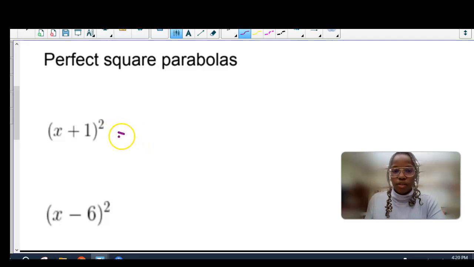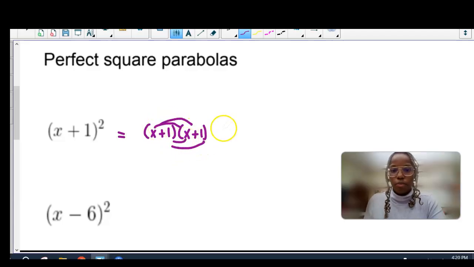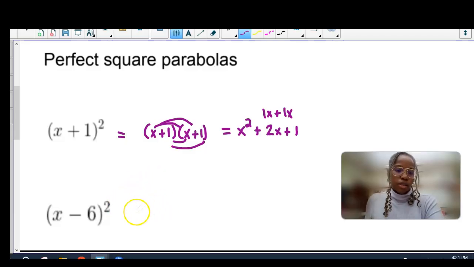So we just did this on the other one, where you're being multiplied twice. So it's like a perfect square. Like if this was a square, it's length times width, the same thing. And then you can multiply this out, and you just get x squared plus 2x plus 1, because this becomes x, 1x, plus 1x. Same thing here.